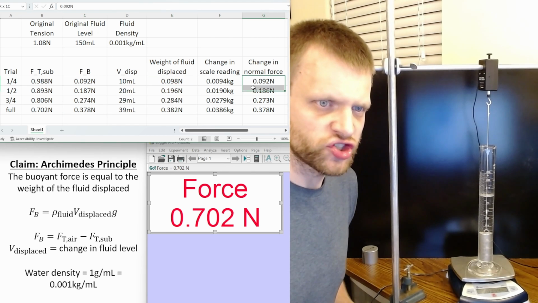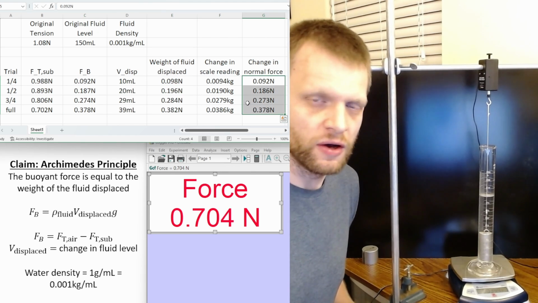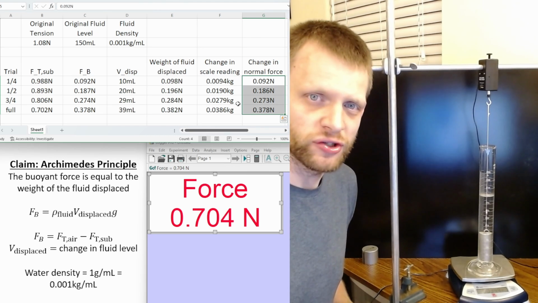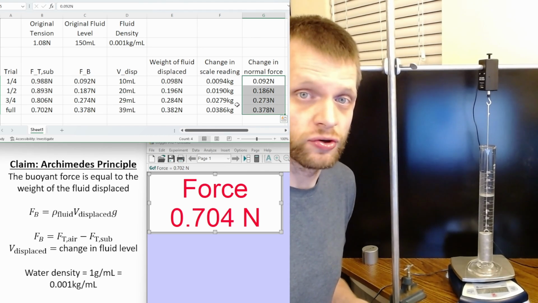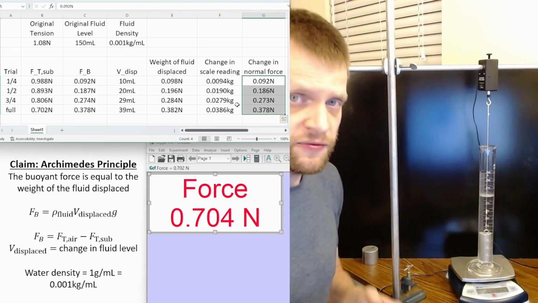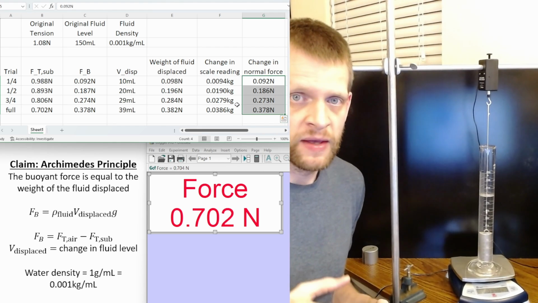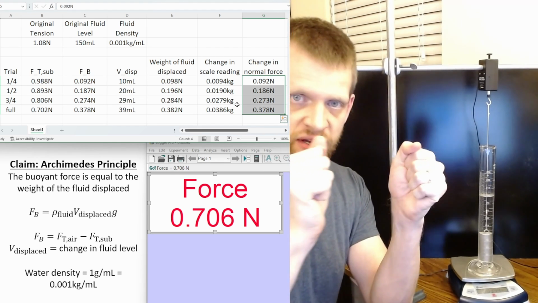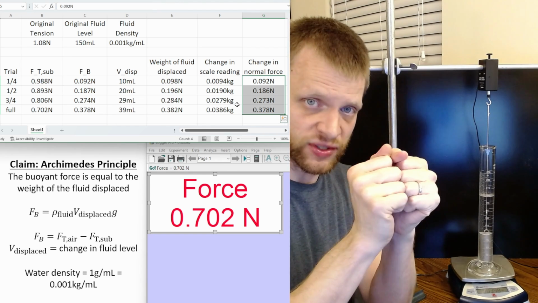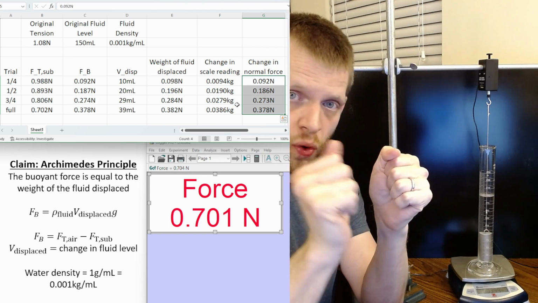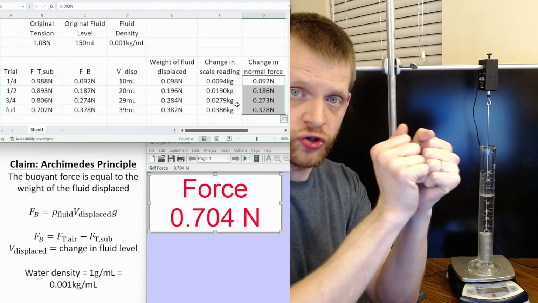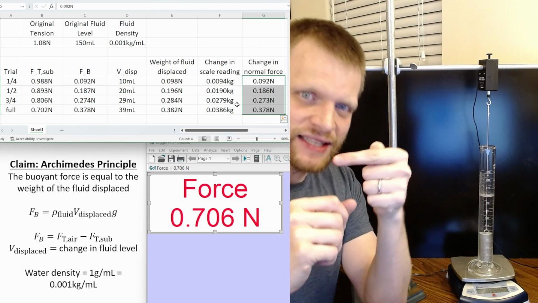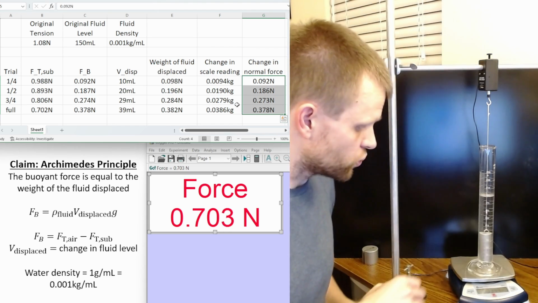But why is this change in the normal force also matching up? Well, this is kind of an interesting test of Newton's third law. If you remember, Newton's third law is the action-reaction principle. It basically says if two objects are in contact with each other, and object 1 exerts a force on object 2, object 2 will exert exactly the opposite force on object 1.